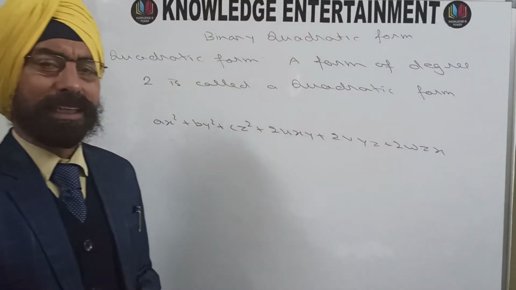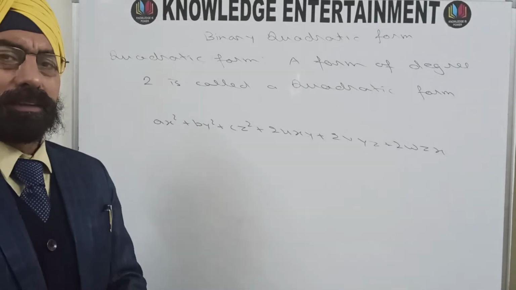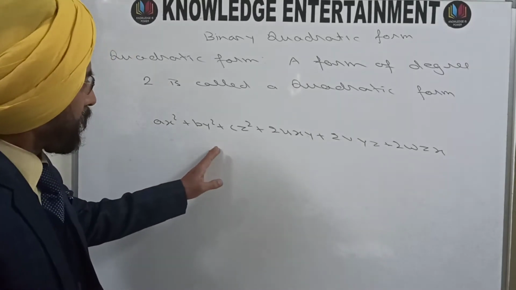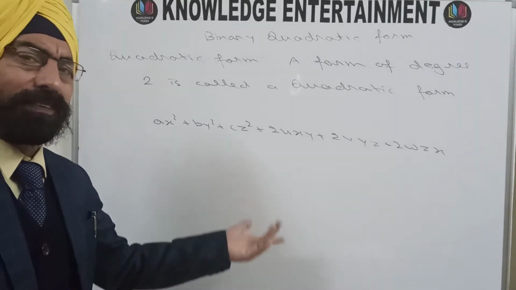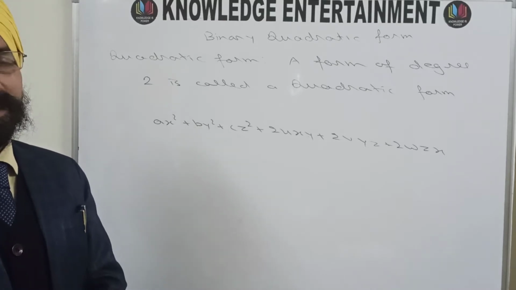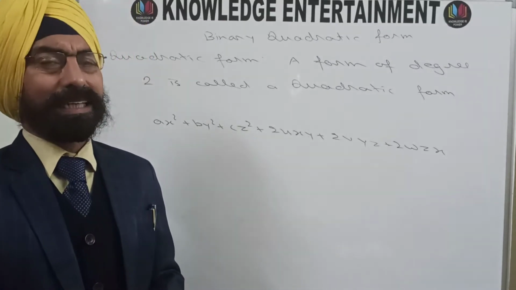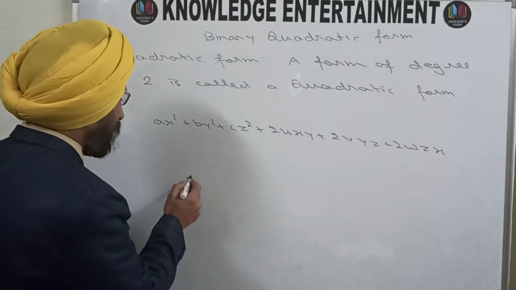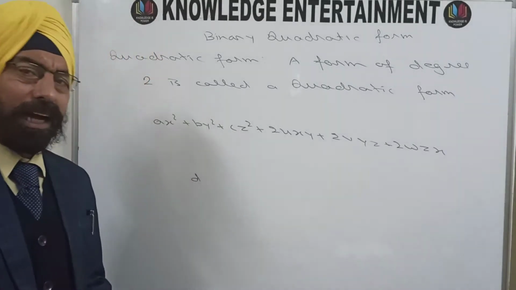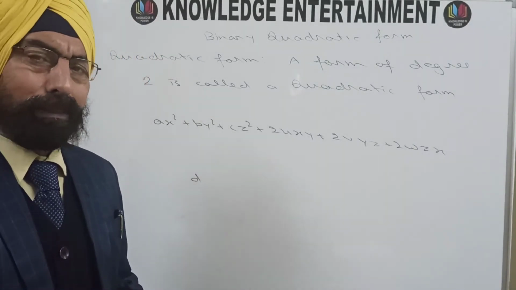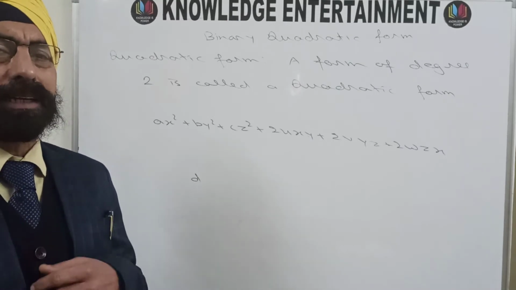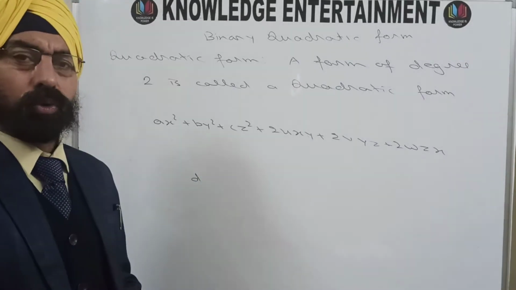It is the standard quadratic form with 3 variables x, y and z. And here is a term d associated with the quadratic form, and that is the determinant associated with this quadratic form.